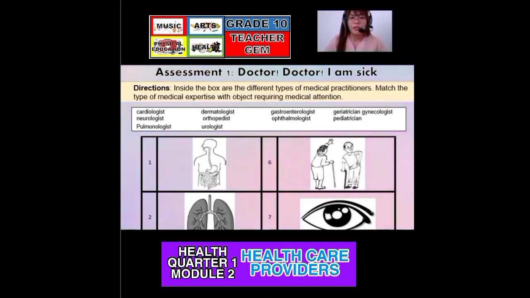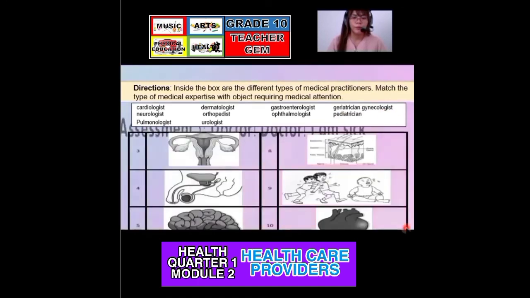It is also posted in our Google Classroom. Next picture, we have 3, 4, 5 up to 10.